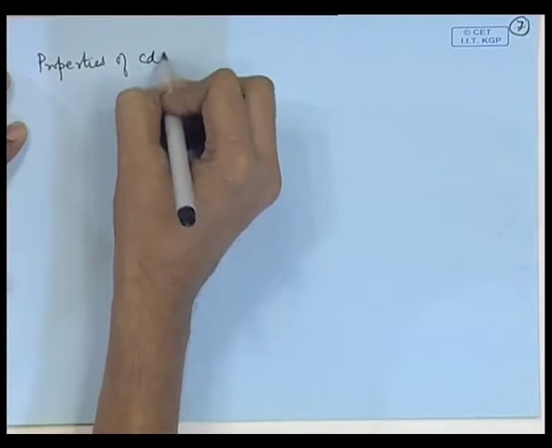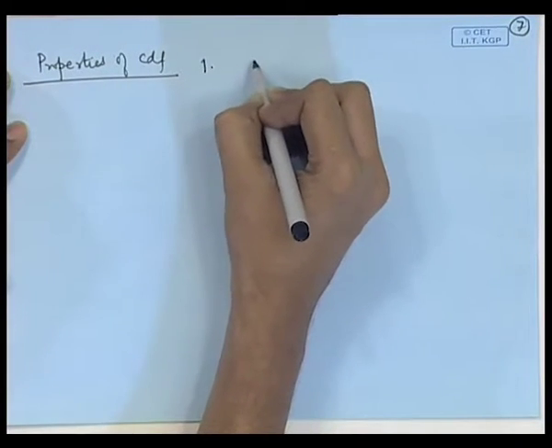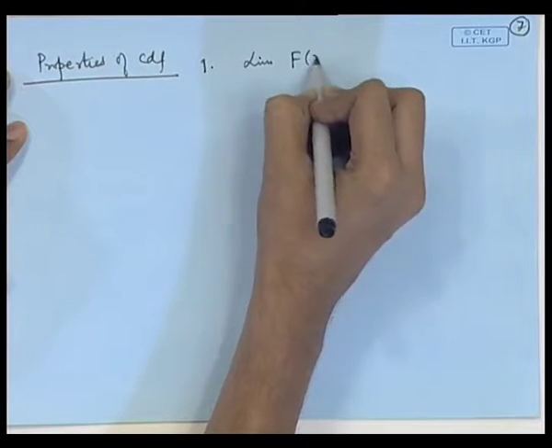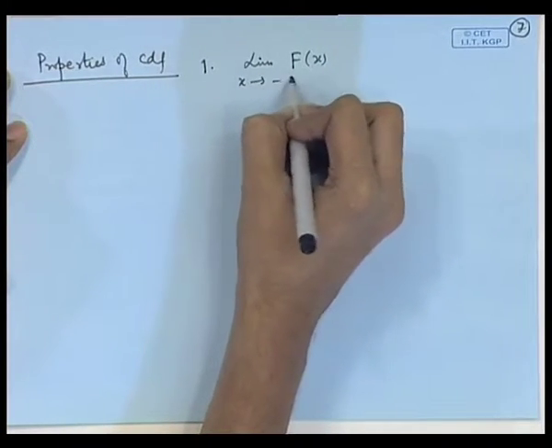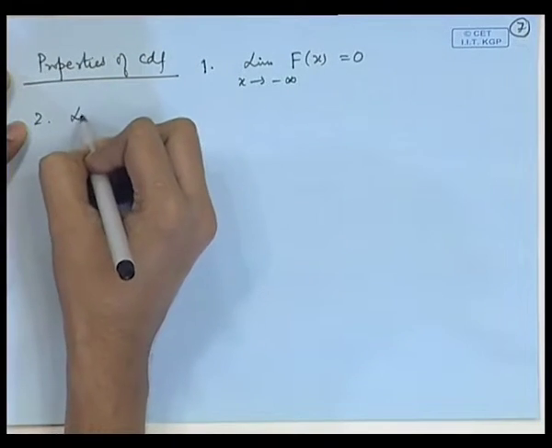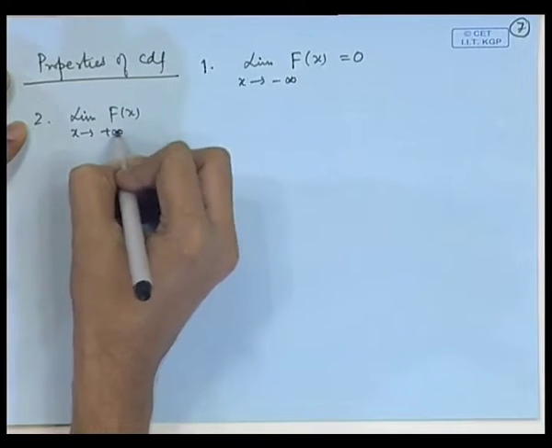Properties of CDF. The first property is that limit of F_X(x) as x tends to minus infinity is 0, and limit of F_X(x) as x tends to plus infinity is equal to 1.